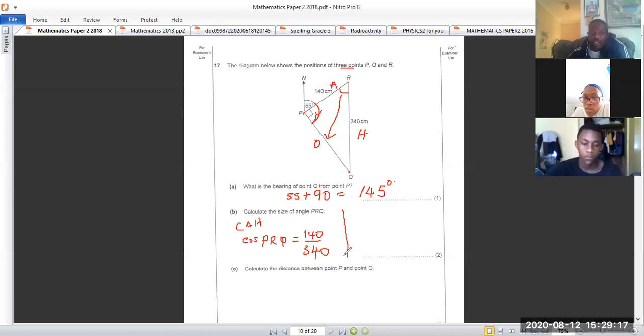And so PRQ will equal the inverse cosine of 140 over 340. This will give you how many degrees?